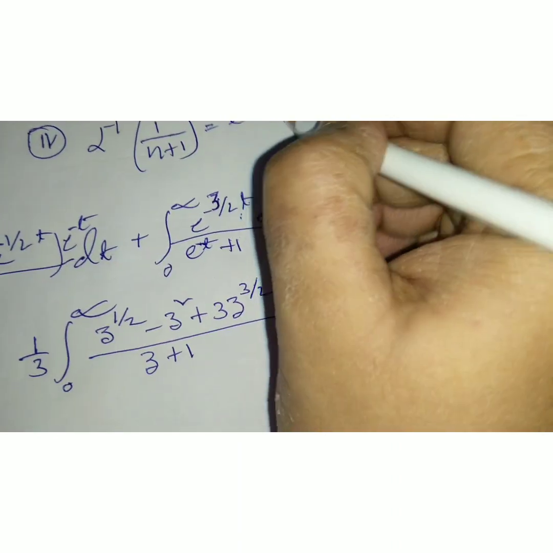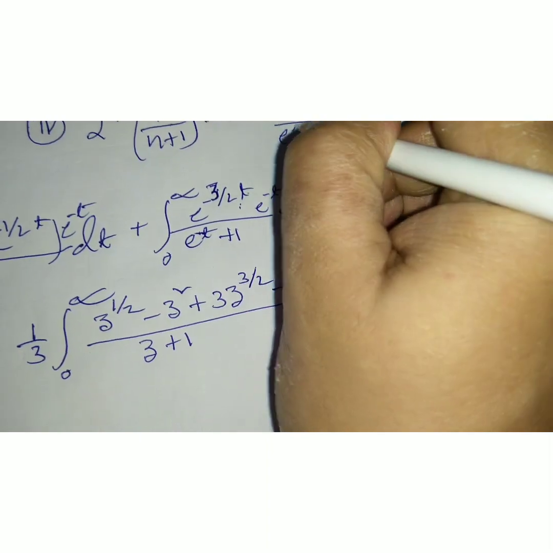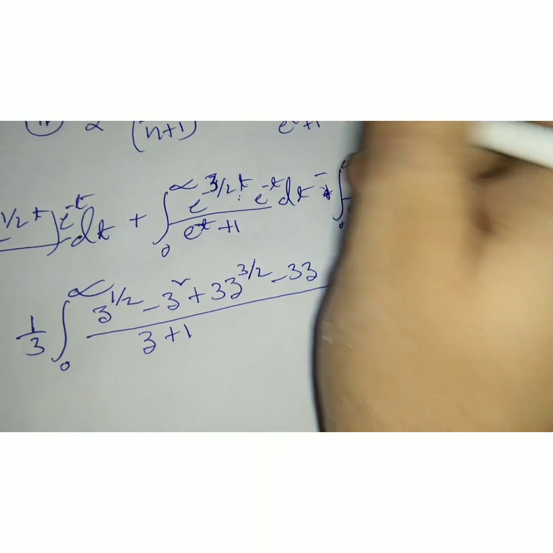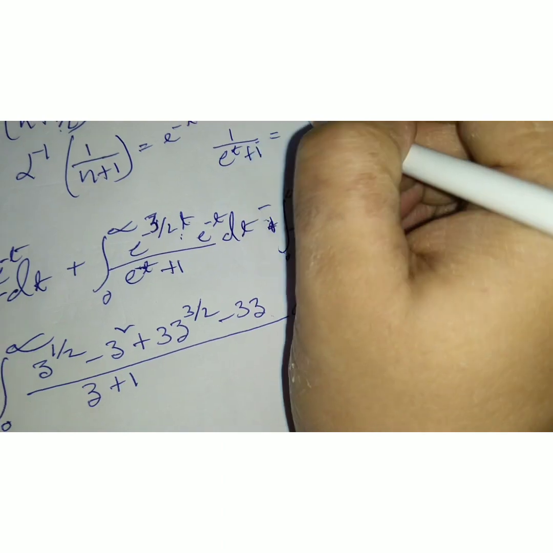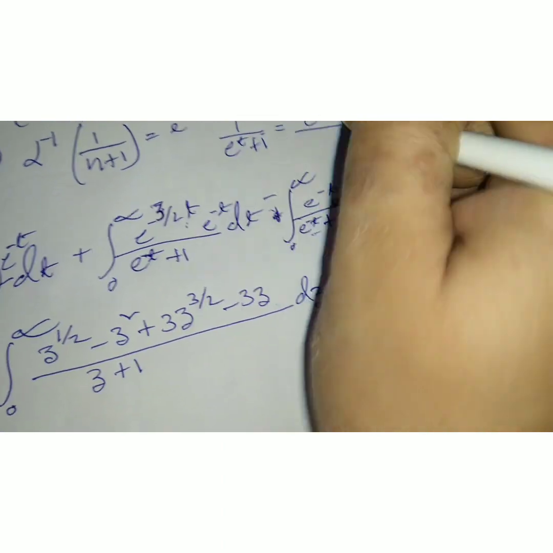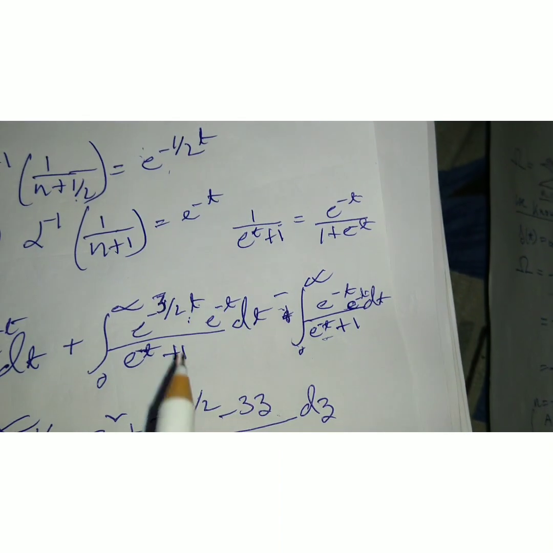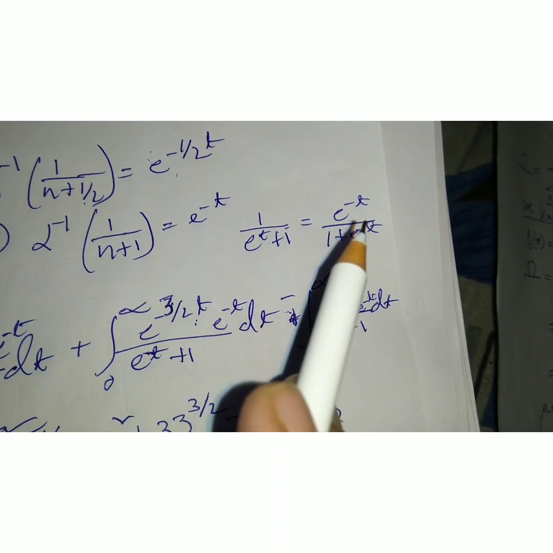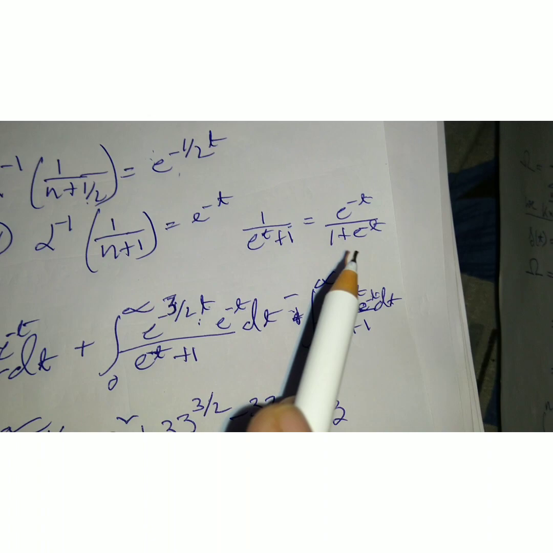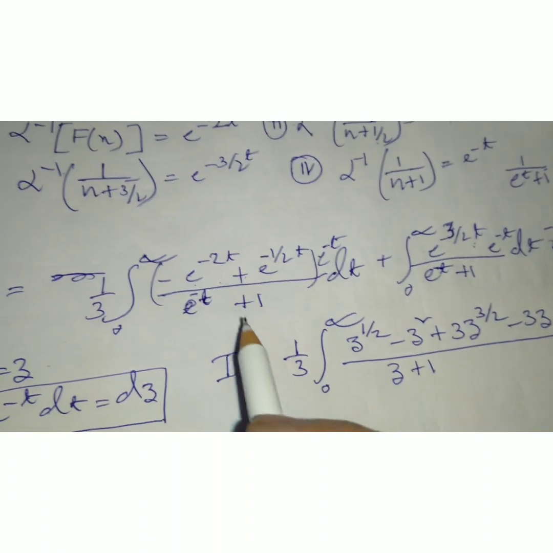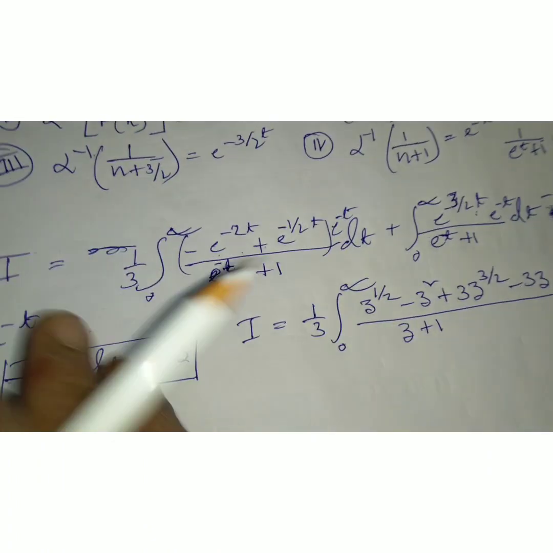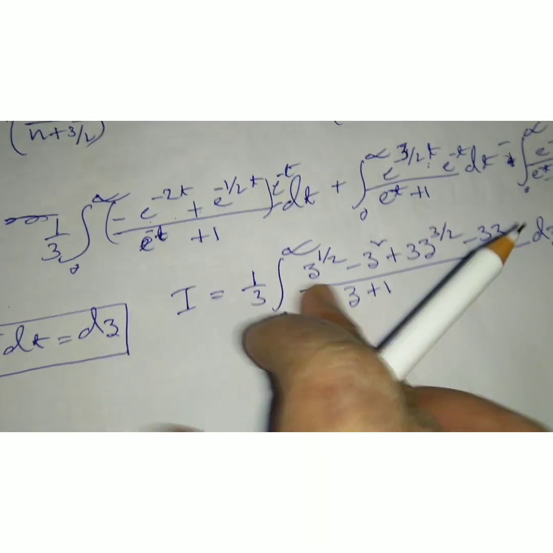How? 1 plus e to the power t can be written as e to the power minus t divided by 1 plus e to the power minus t. So that's why I change this fact, and now I can get this polynomial equation.